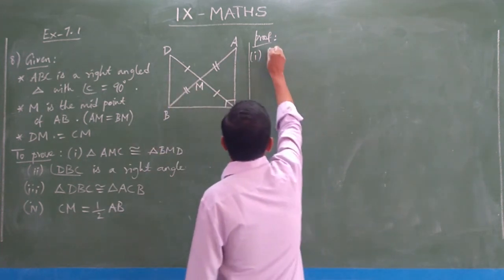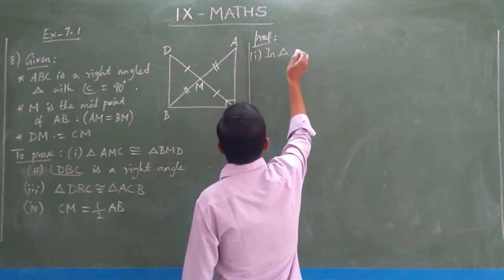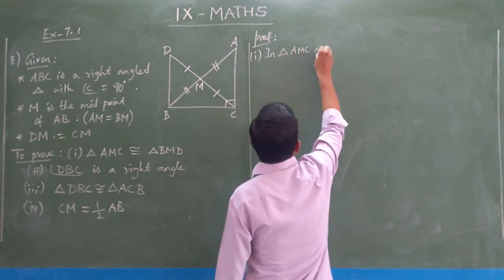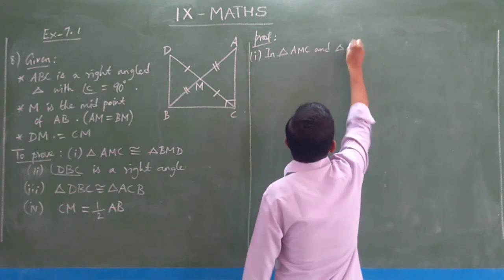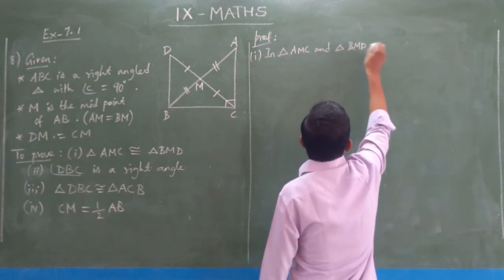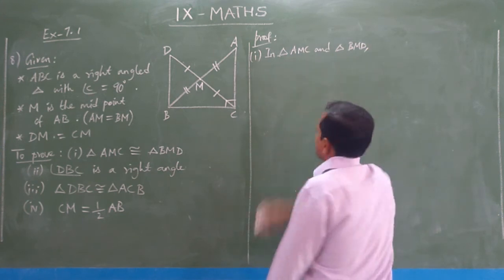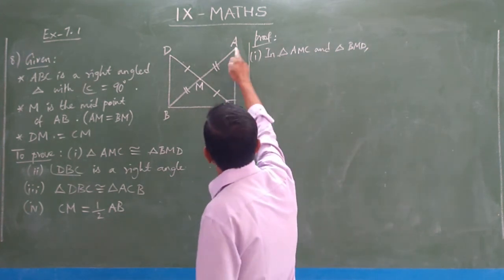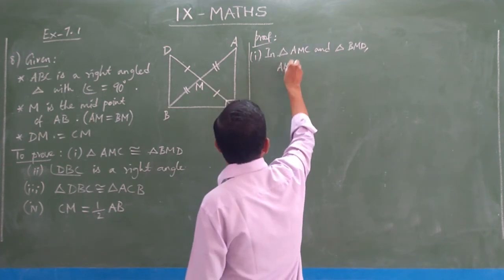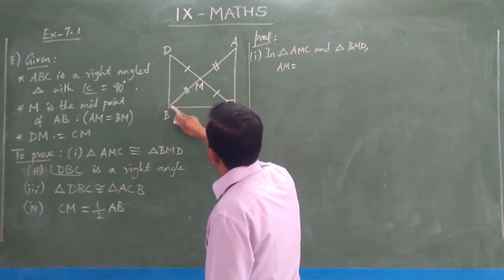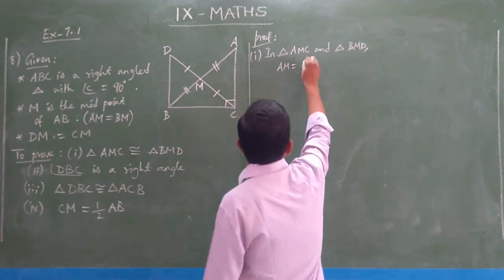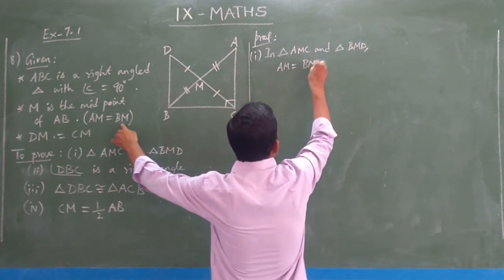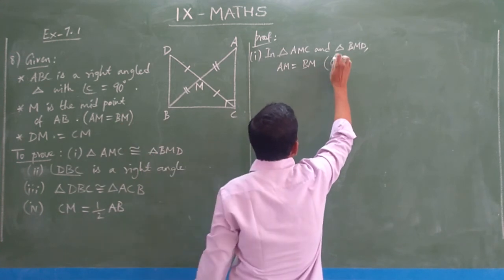So first option, in triangles AMC and BMD, we can have, in the first triangle AM equal to BM in this triangle. That we already have, and I wrote here: given.